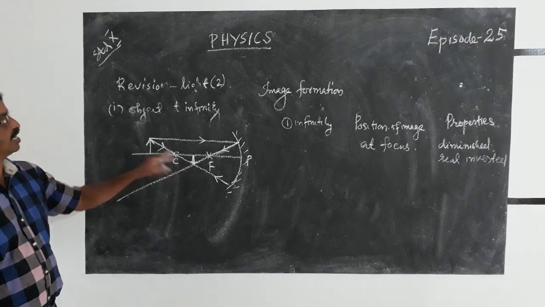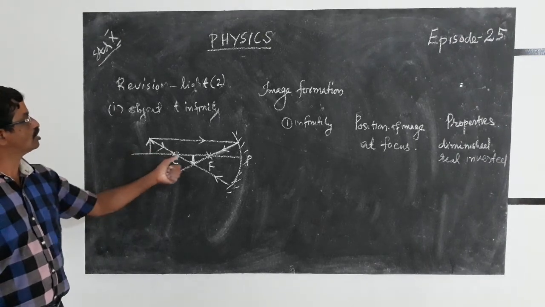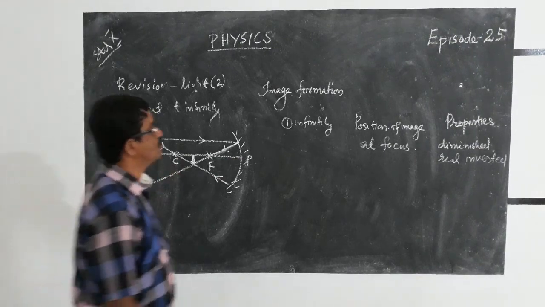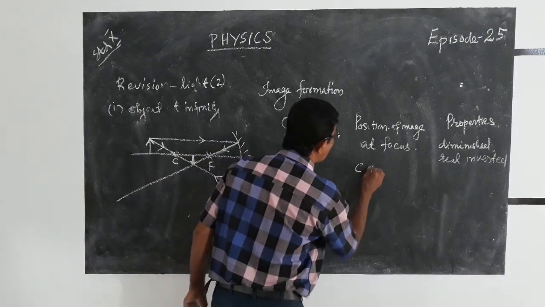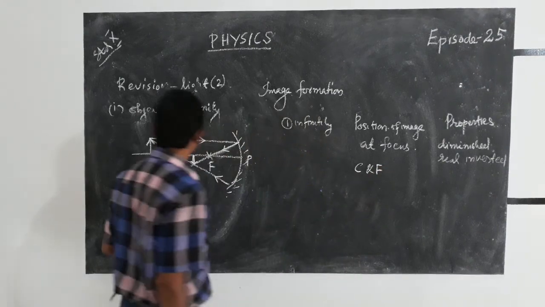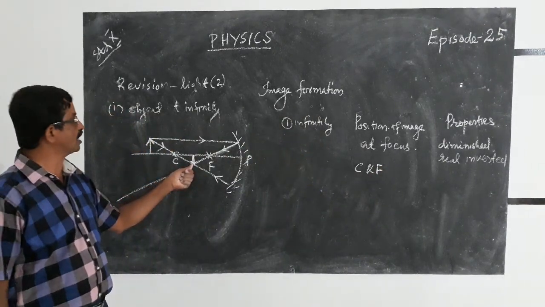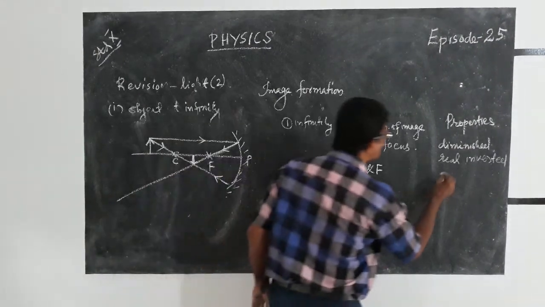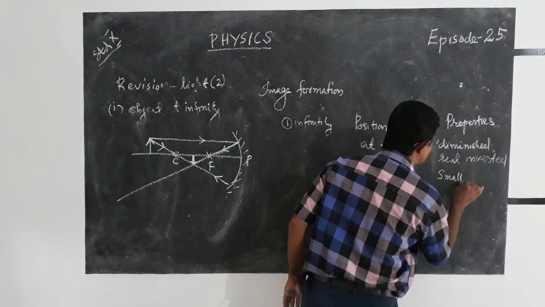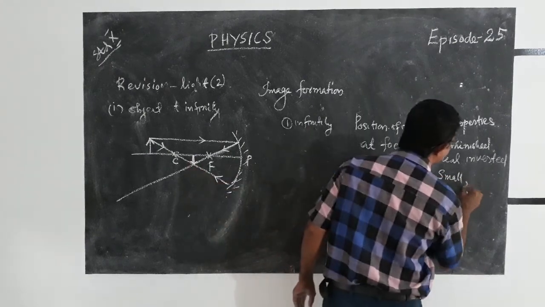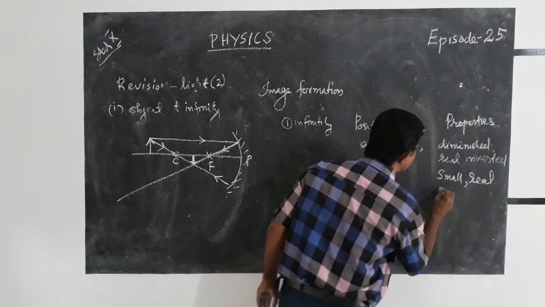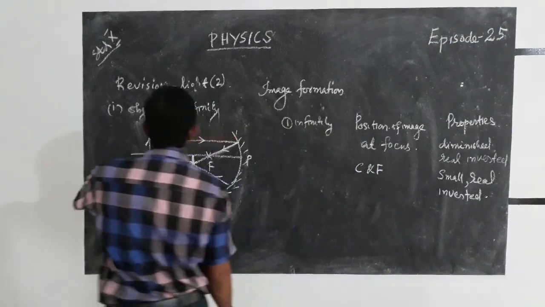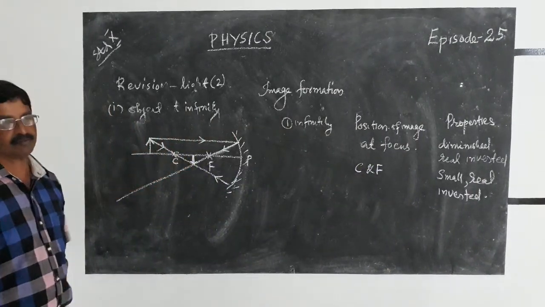So the position of the image is in between C and F. See, the image is this much size and the object is this. The image here is a small one. See, it is also real and inverted. That we can observe from this ray diagram.